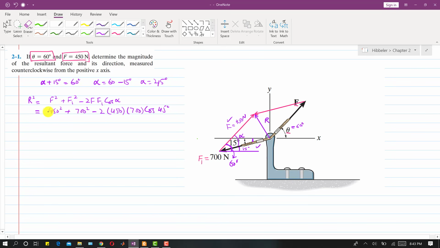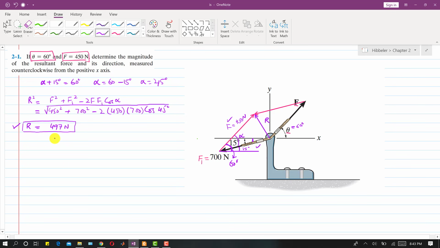And if we also take the square root, this will give us the resultant magnitude. When we solve this, it gives us 497 Newton. So this is the resultant of these two forces. We were asked to find the magnitude of the resultant, so this is the resultant magnitude.